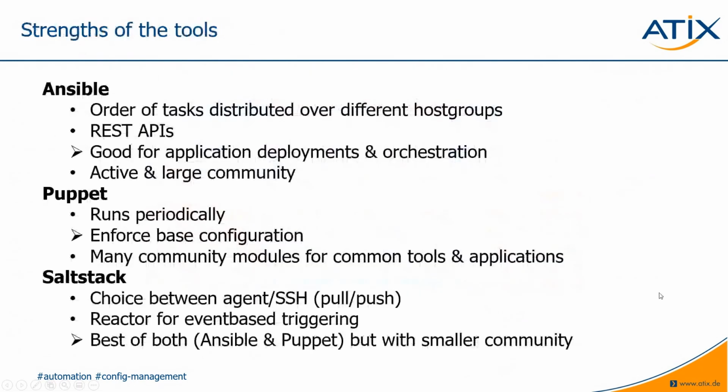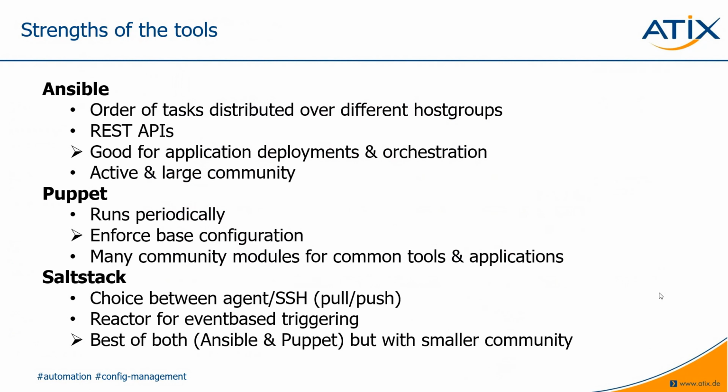So if I have a look at Ansible, the Ansible advantage is that I can run tasks distributed over several host groups and use this, for example, to install a Kubernetes cluster, something where the ordering is very important.